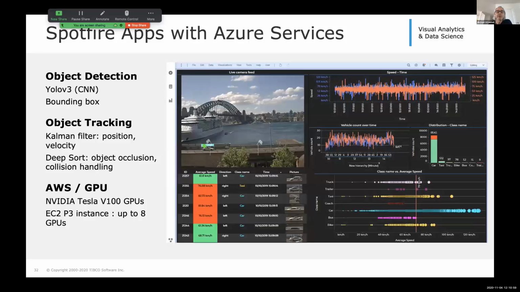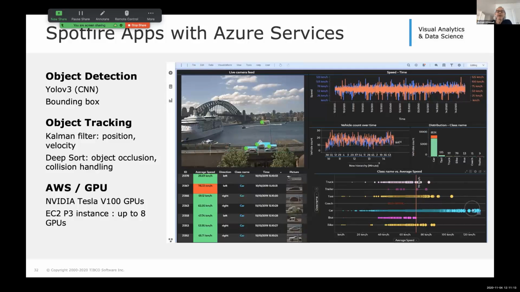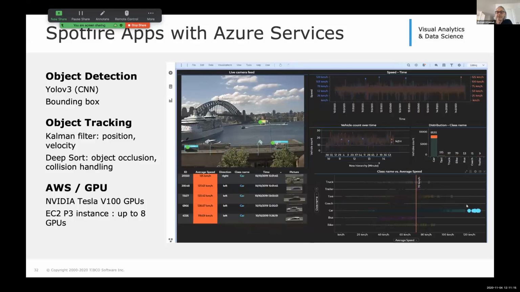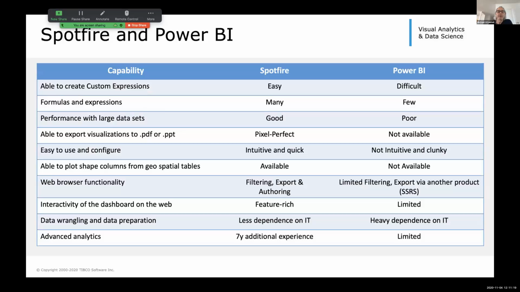And as I mentioned, you can even do things like deep sort algorithms, if you've got GPUs available, for tracking moving objects and determining their speed, and even with occlusion, being able to manage that sort of process. And we've been running these on AWS and Azure with GPU backend.